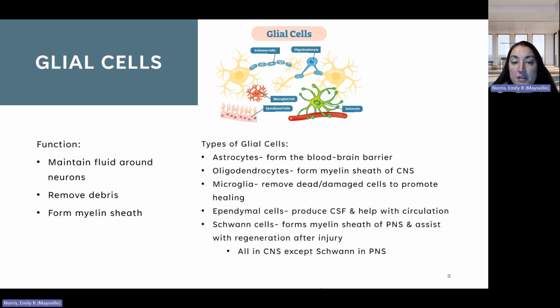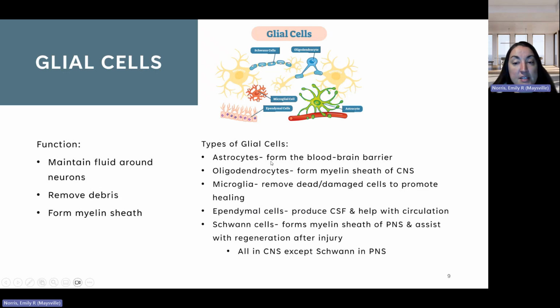The types of glial cells, there are 5 different types. 4 of these types are all found in the central nervous system versus the last one, the Schwann cells, are only in the peripheral nervous system. So the first 4 I talk about are all in the central nervous system.